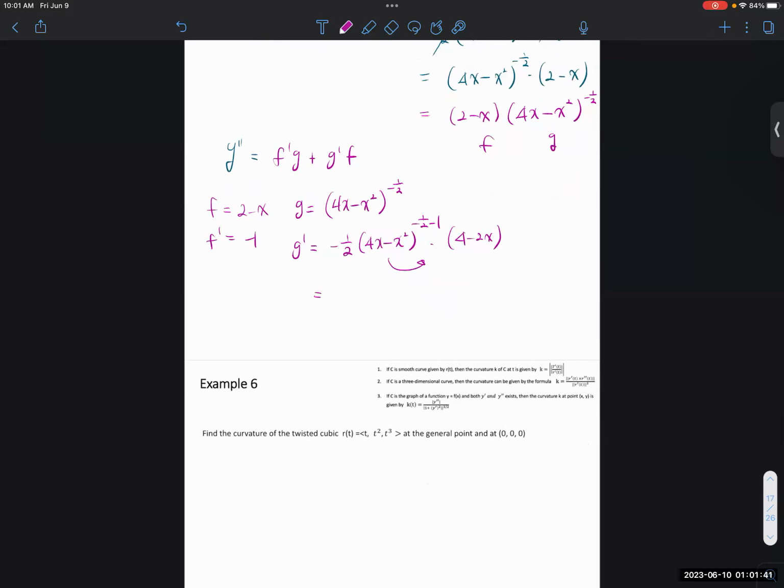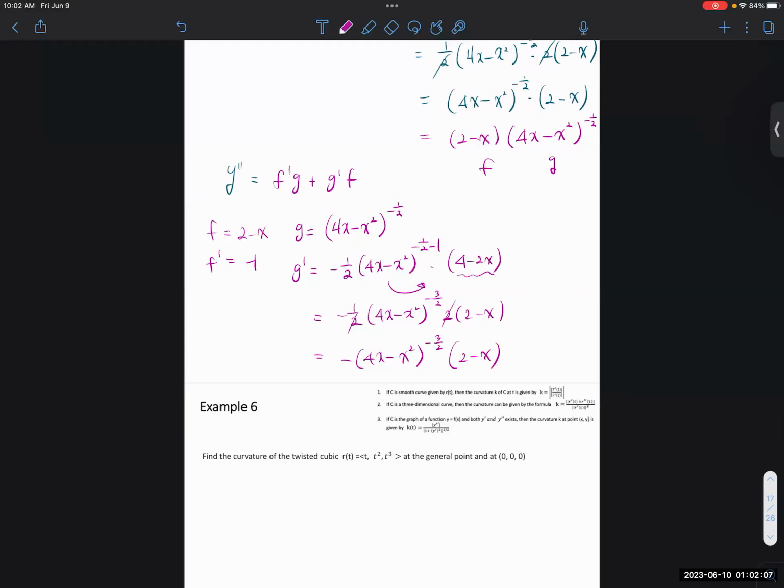That's negative 1/2 times (4x minus x squared) to the negative 3/2. I can factor out 2 from 4 minus 2x, giving 2 minus x, and the 2s cancel. So g prime is negative (4x minus x squared) to the negative 3/2 times (2 minus x). Are you following? A little bit. Sorry, this is g prime.